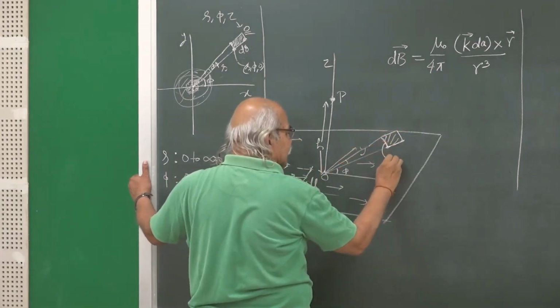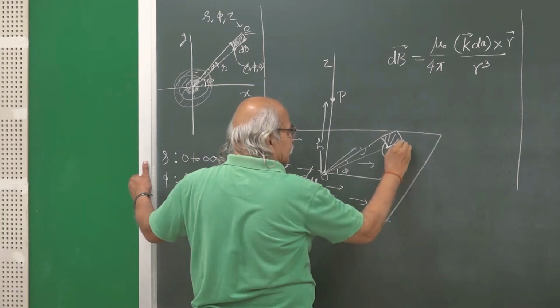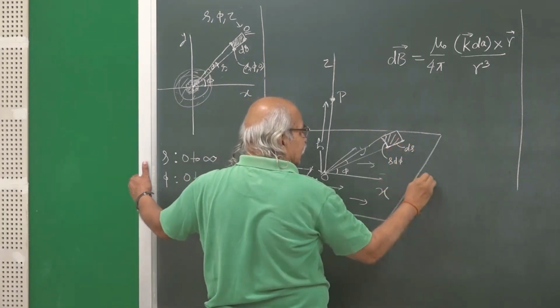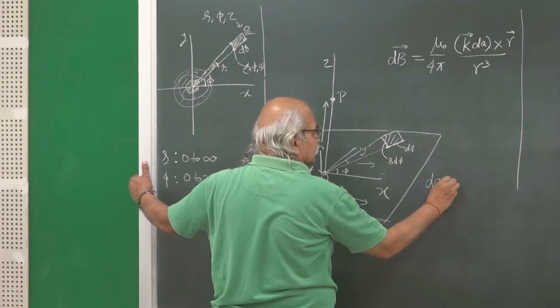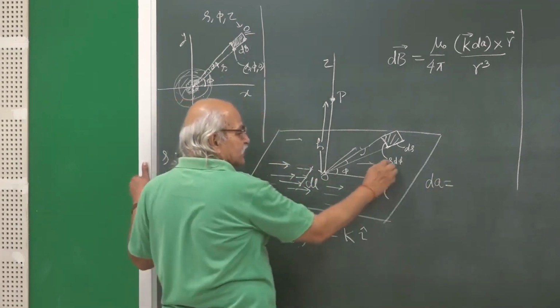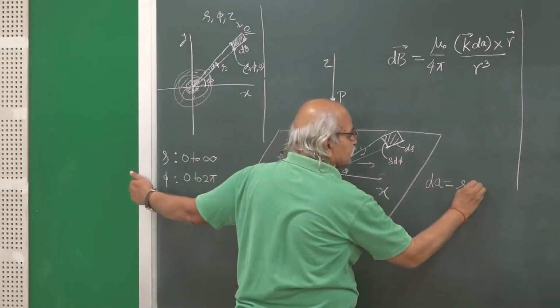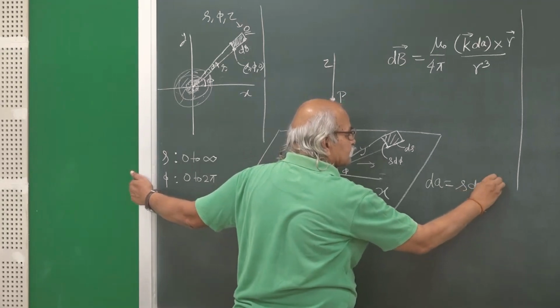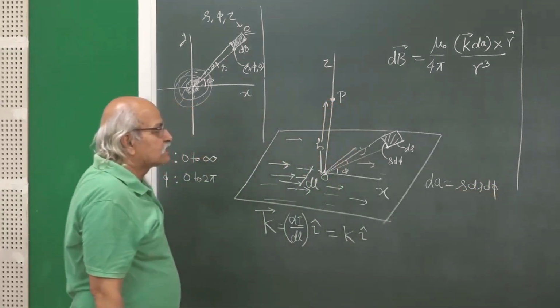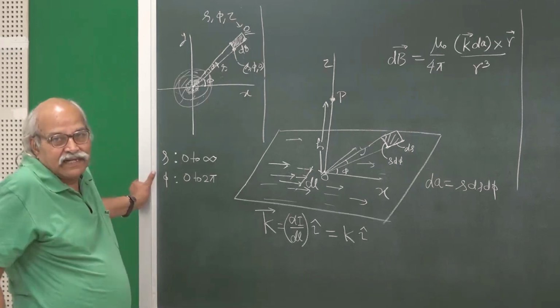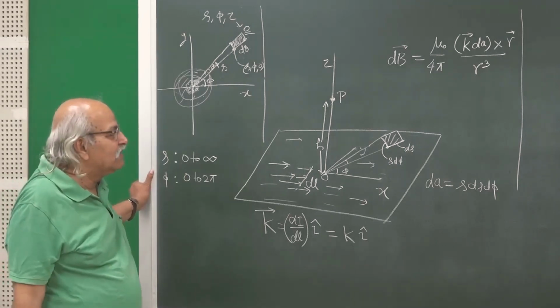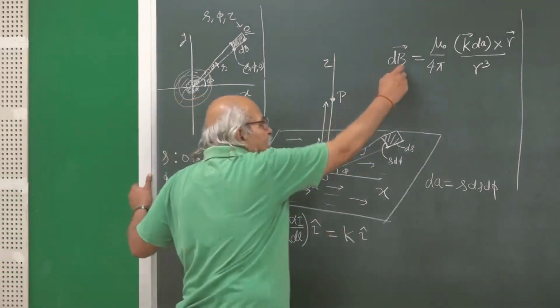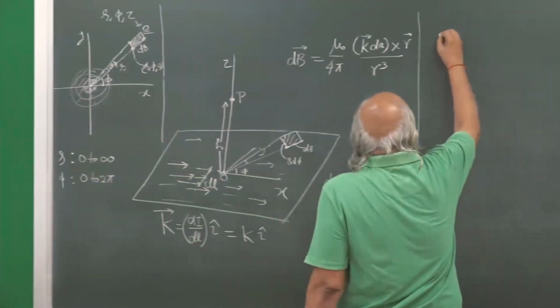So, this length is s d phi, this length is ds, and therefore the magnitude of the area will be s ds d phi. That is what we need. We do not need any direction on this area, no area vector. So, let us write this dB.